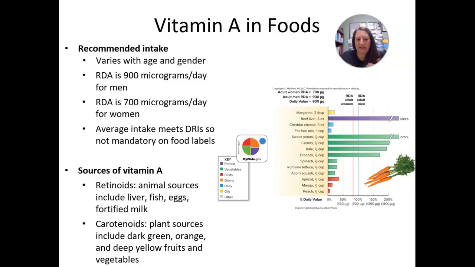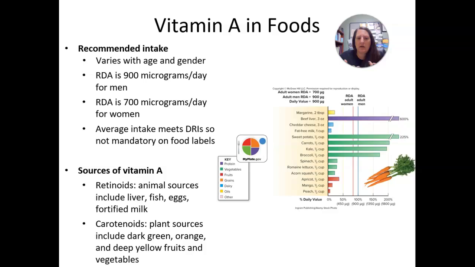I pulled from there just the RDAs for adult men and women, figuring that would be most of the people in the course, but you can refer back to those references for different age groups or different stages of life.